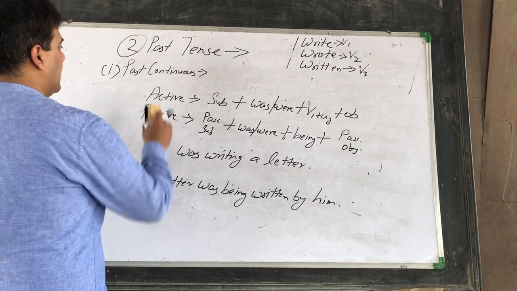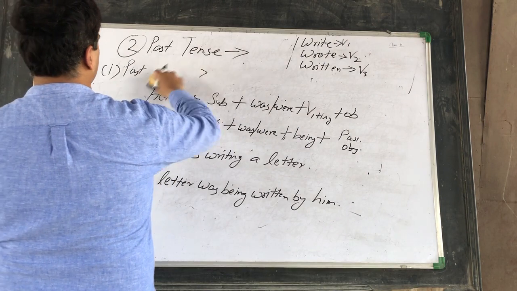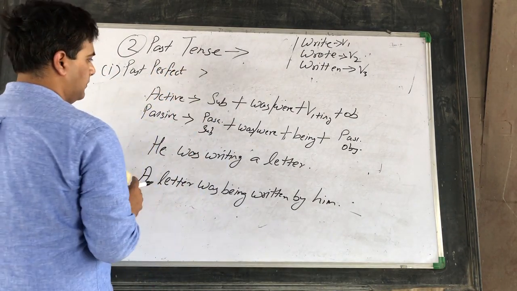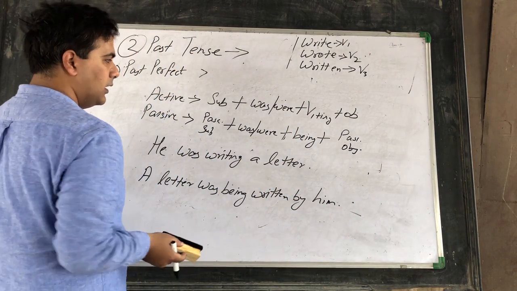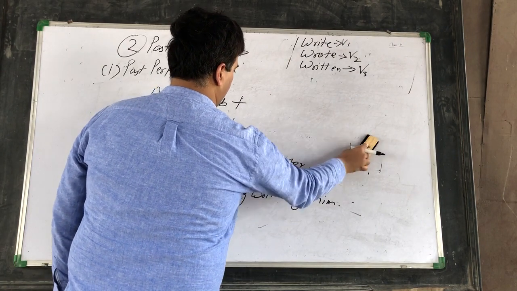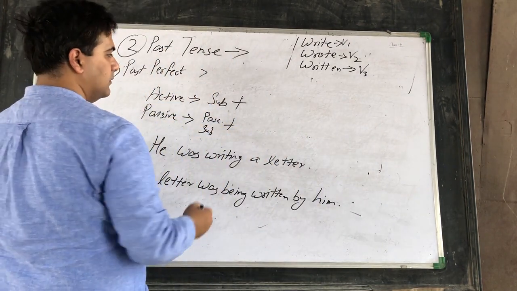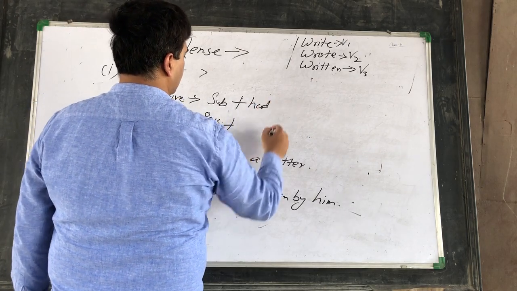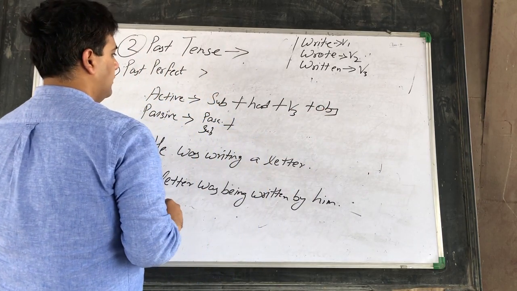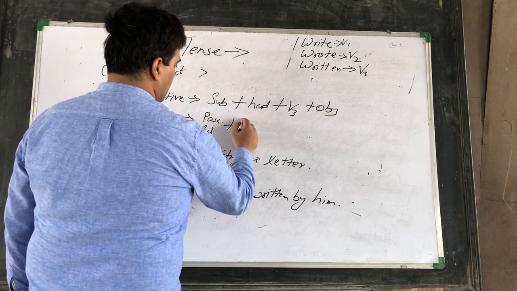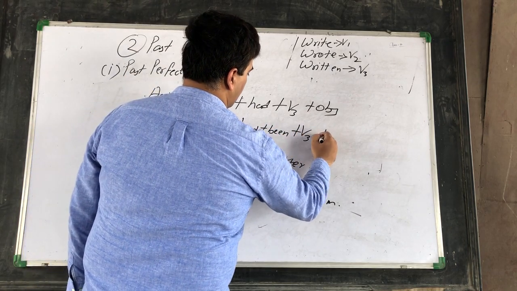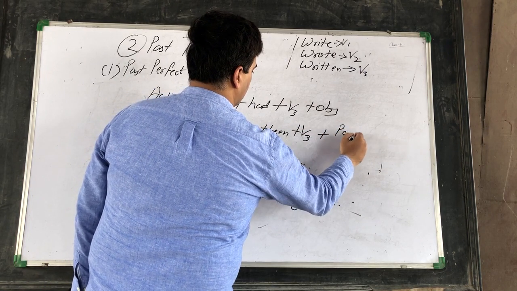Now let's move on to the past perfect. Past perfect, okay, the structure will be subject plus had plus verb third form, then object. It will be passive subject, had plus been, then verb third form, and then the passive object.